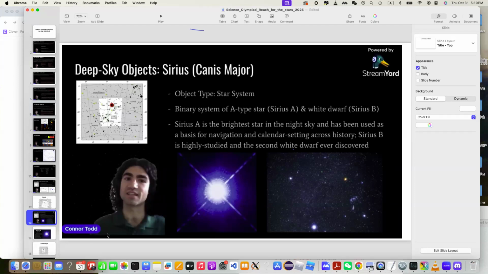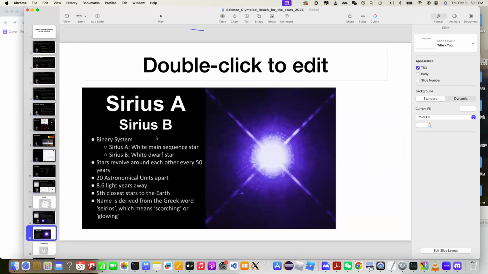I want you to recall the sequence of the main sequence stars: O, B, A, F, G, K, M, as in "Oh Be A Good Girl, Kiss Me." A is a very young and very massive star, so it is very bright. That is the very bright image over here.